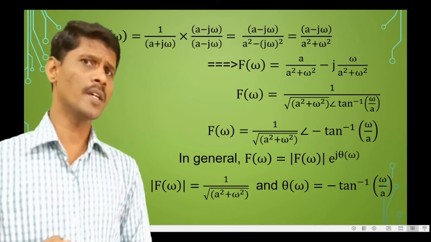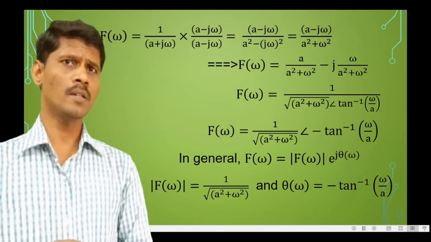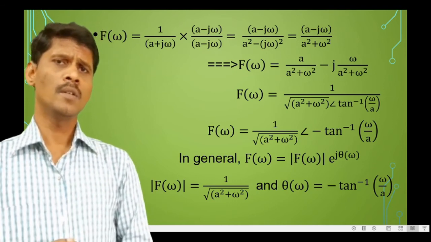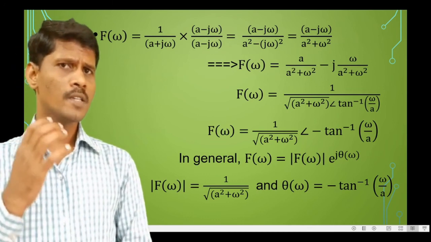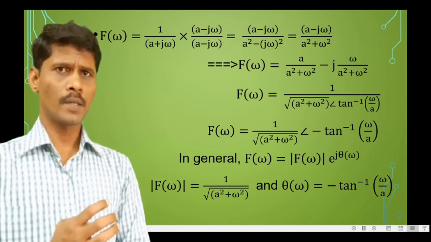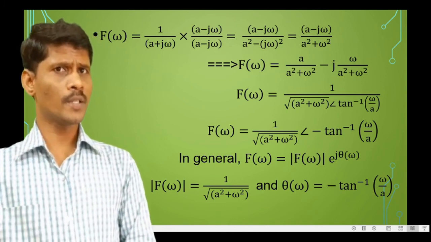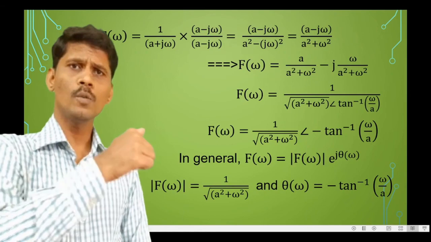Similarly calculate the phase angle also. So here we are determining the magnitude values at omega equal to 0, the center point, and omega equal to minus infinity, and omega equal to plus infinity.